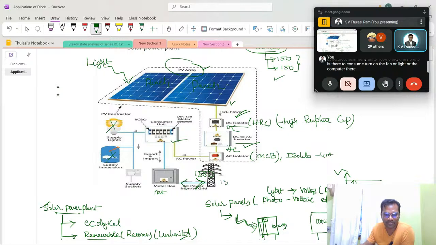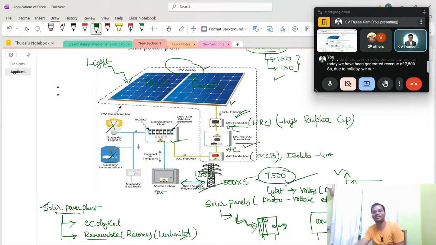Therefore, a total of 1500 units of power has been exported to the government, and they are going to pay us at a price of 5 rupees per unit. So today we have generated a revenue of 7500 rupees. Due to the holiday, our campus has received a benefit of 7,500 rupees.